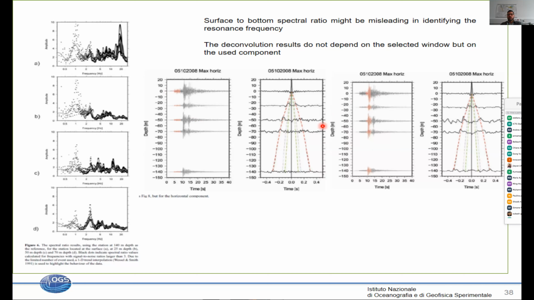So from the deconvolution we can say that P waves can be extracted mainly working on the Z component, the up-down component of motion. Shear waves can be better extracted, independent of the window used, if we use the horizontal component of motion, okay?